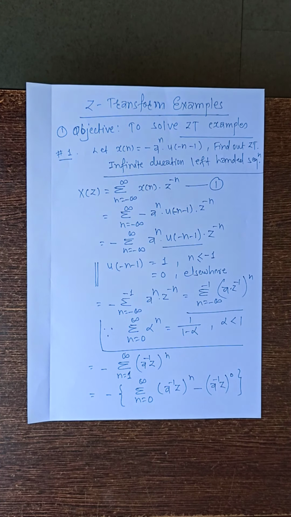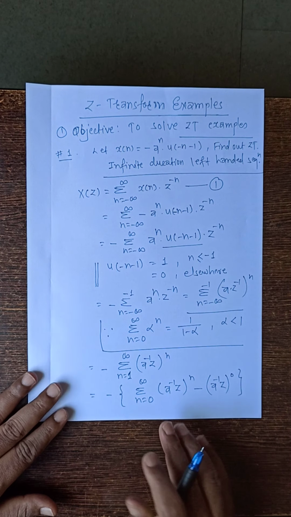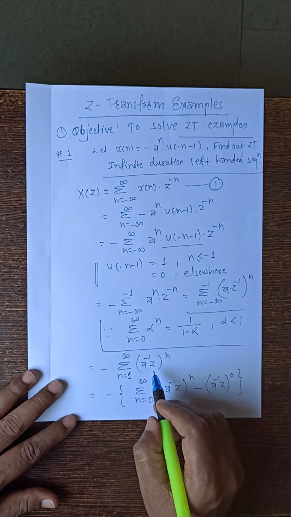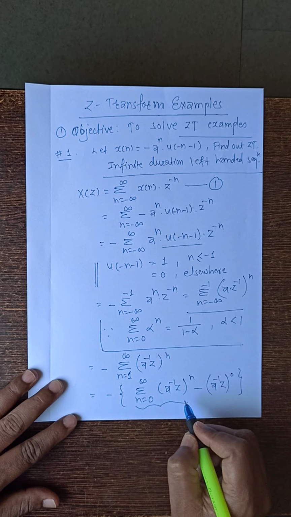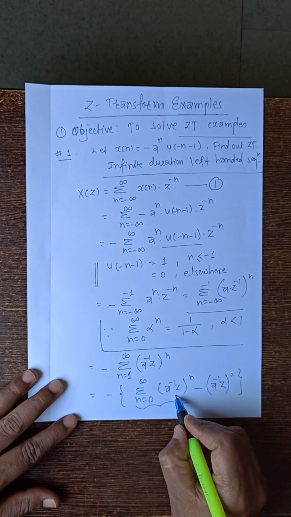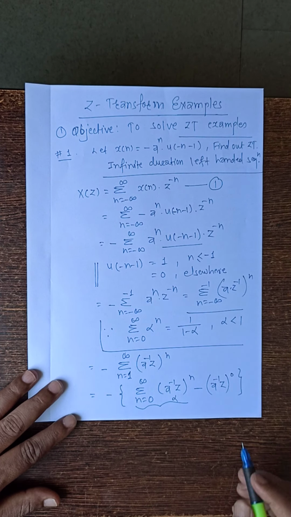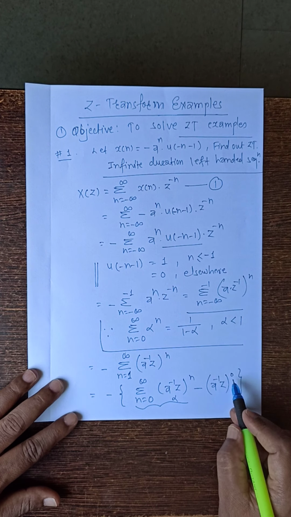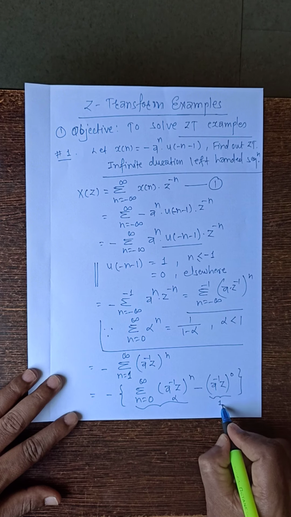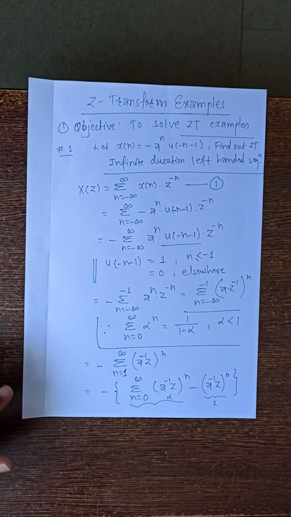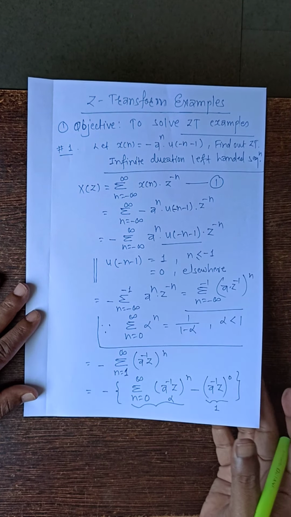So this is the geometric series as shown above, and this is the alpha. And a raised to minus 1 z raised to 0, so this raised to 0 means what? This is equal to 1. Okay, so we can apply this geometric progression to this.